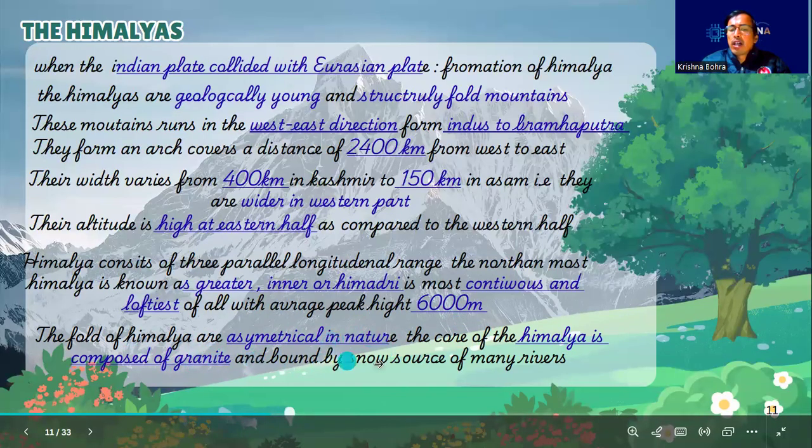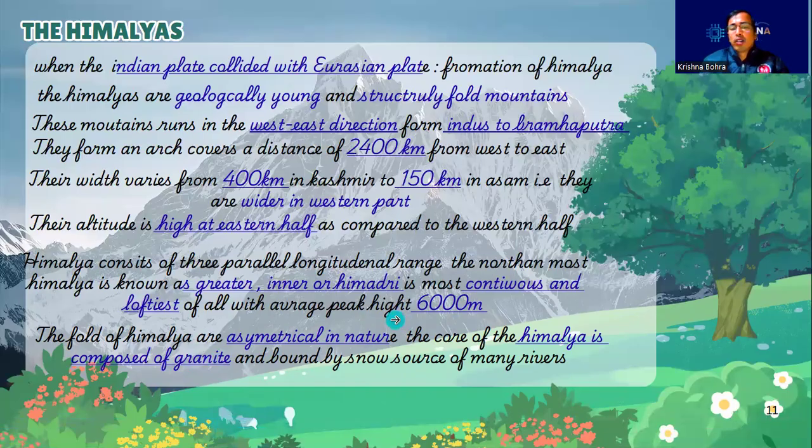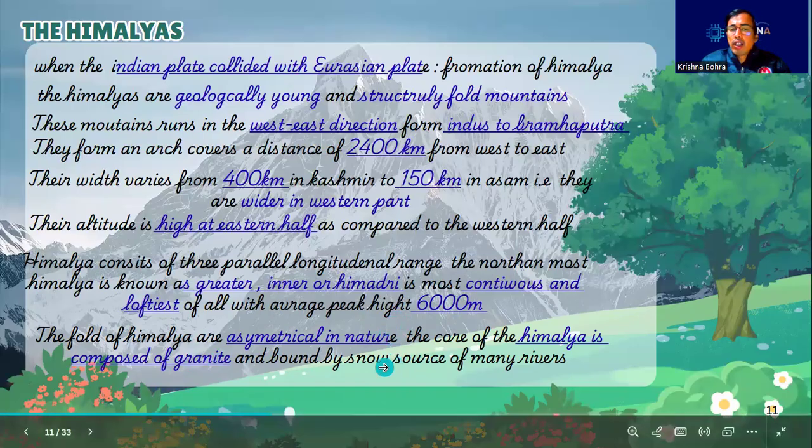And the Himalayas are the source of many rivers, especially Ganga, Brahmaputra, and Indus, which are the Himalayan rivers. So the Himalaya are the ultimate source of these rivers. Now, what is granite type of stone?